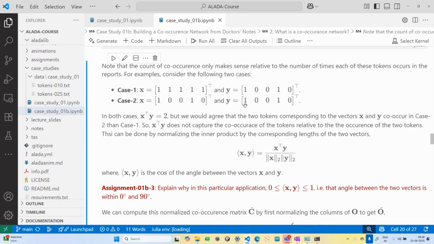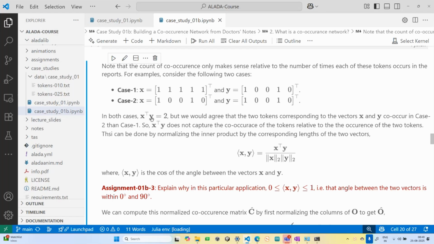Token Y also appears in reports 1 and 4. So if somebody asked you, do X and Y co-occur in these two cases, you're likely to say, well, in the second case, it looks like they co-occur. Whereas in the first case, you would not say that they co-occur, because there are many cases where X occurs and Y does not occur. Whereas in the second case, whenever X occurs, Y seems to occur as well.